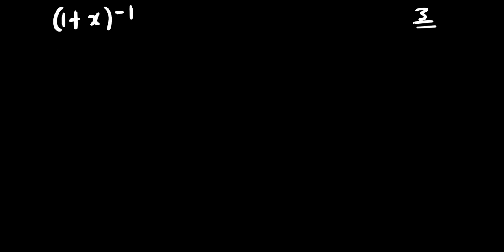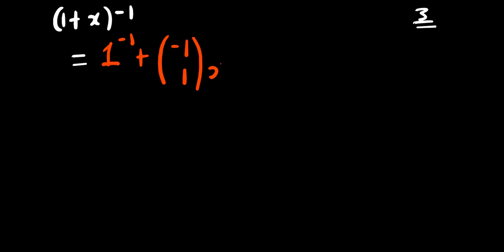Now how are you going to solve this one? According to your binomial theorem, the first term is just 1, to the power n. Then plus, when you come to the second term, our n is negative 1, which is the power, then n choose 1 for our second term.